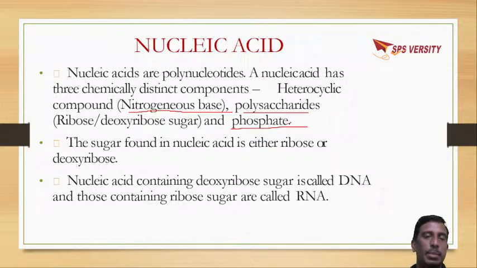The sugar in a nucleic acid is either ribose or deoxyribose. If it is deoxyribose, it is called DNA, deoxyribonucleic acid. If it is ribose sugar, it is RNA, ribonucleic acid.